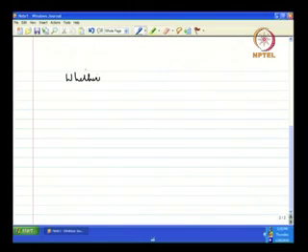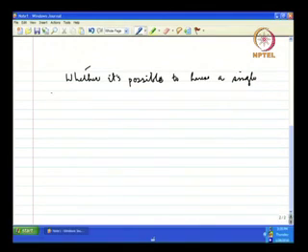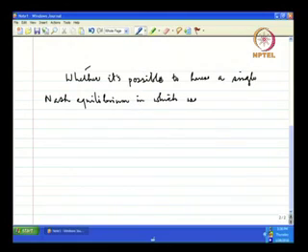So, one exercise that we shall do today is whether it is possible to have a single Nash equilibrium in which weakly dominated actions are played.